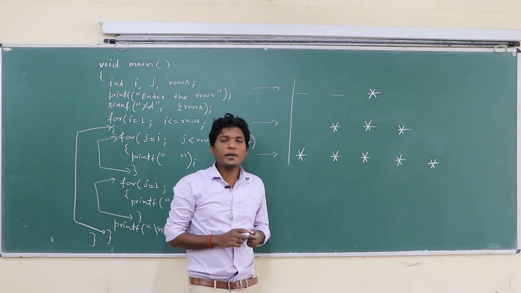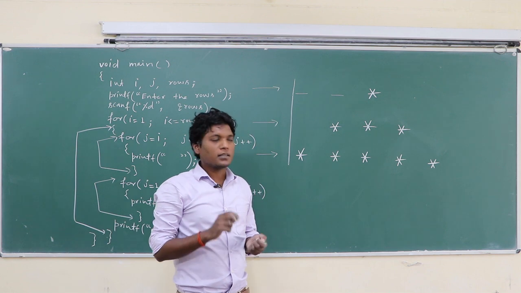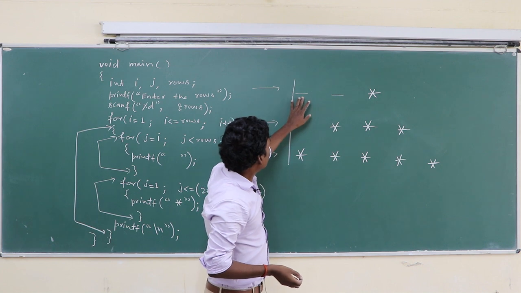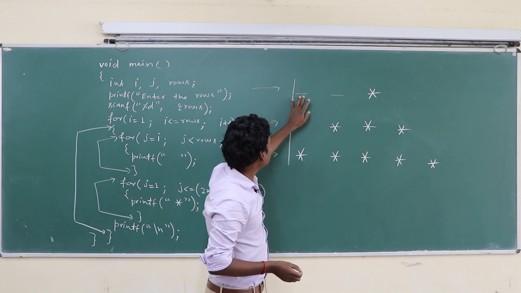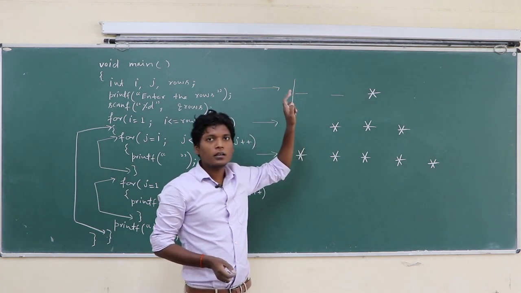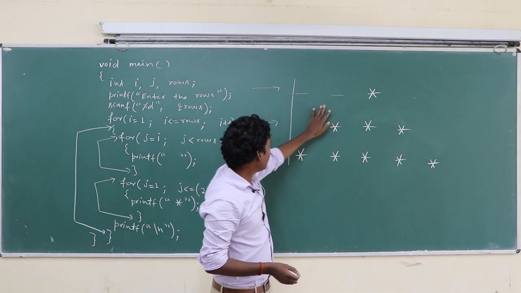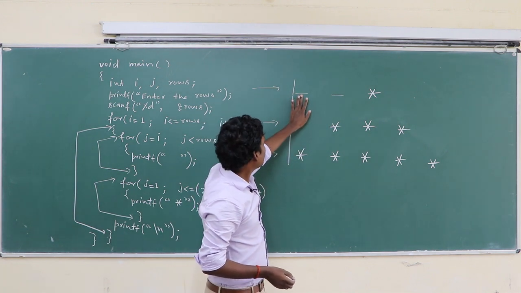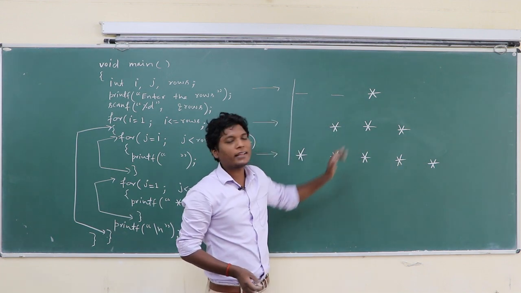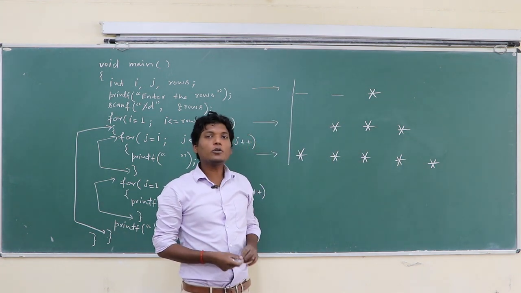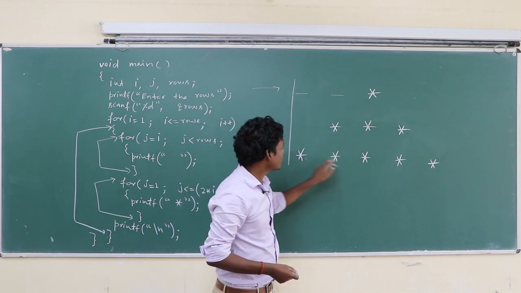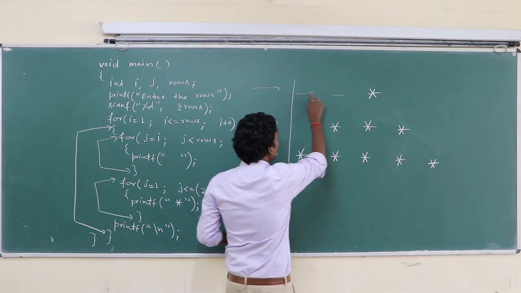Because a blank space does not leave any symbol. If you print characters other than blank space, then those characters will appear there. So you cannot get blank space here, and if you cannot get blank space here, this pattern will not appear like this. So there is a need to print the blank space before printing these stars.